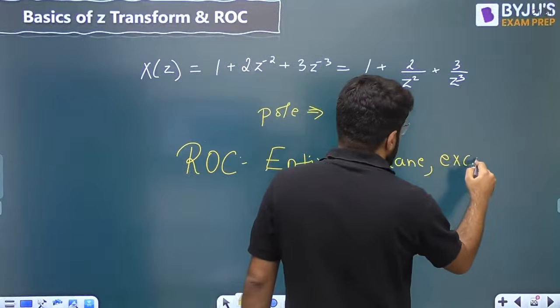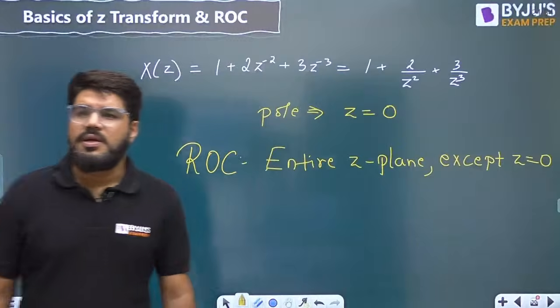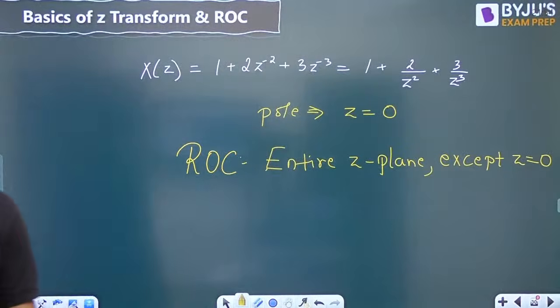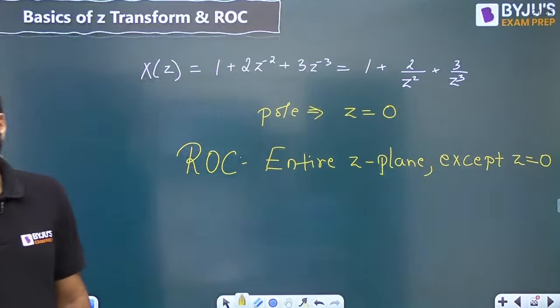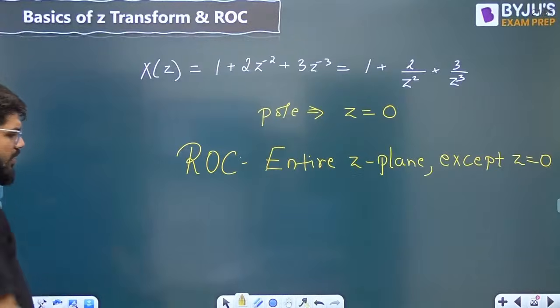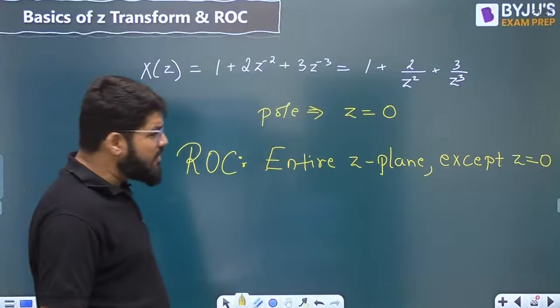But except z equal to 0. Pole cannot be inside the ROC, so except z equal to 0. Got it? That is what I can say. All cool. This is the ROC for a finite duration signal. Maybe sometimes infinity is to be included.